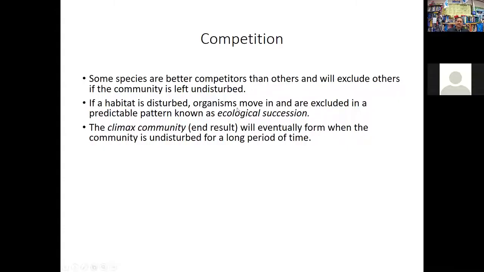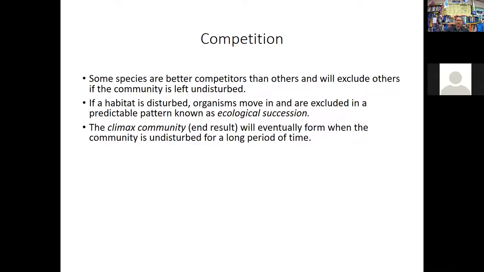If a habitat is disturbed, organisms move in or are excluded in a predictable pattern known as ecological succession, something we covered in a different lecture. But basically, if you have some organisms that are good colonizers, we call those pioneer species.